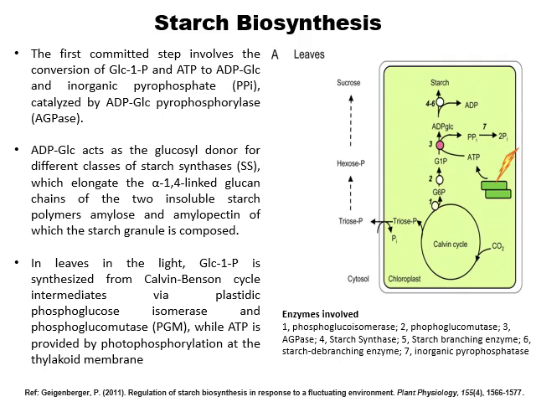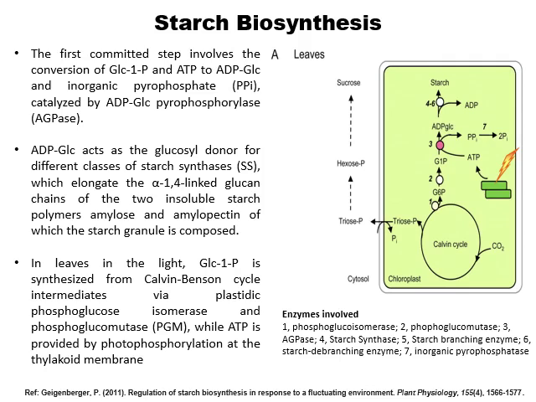Now you'll see that in leaves, during light or in abundance of light, glucose 1-phosphate is synthesized from the Calvin cycle intermediate via plastidic phosphoglucose isomerase and phosphoglucomutase, while ATP is provided by phosphorylation at the thylakoid membrane. So here you can see this Calvin cycle will result in formation of triose phosphate molecules, and these triose phosphate molecules can combine and result in formation of glucose 6-phosphate.